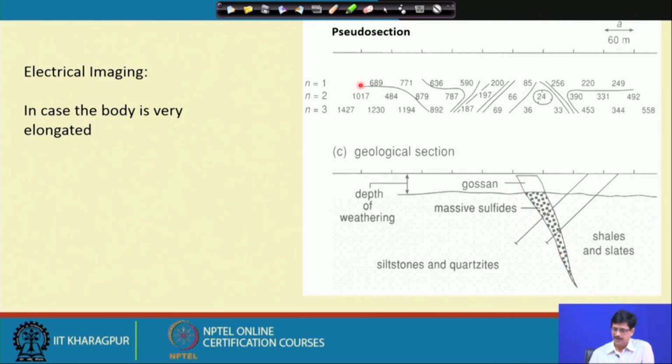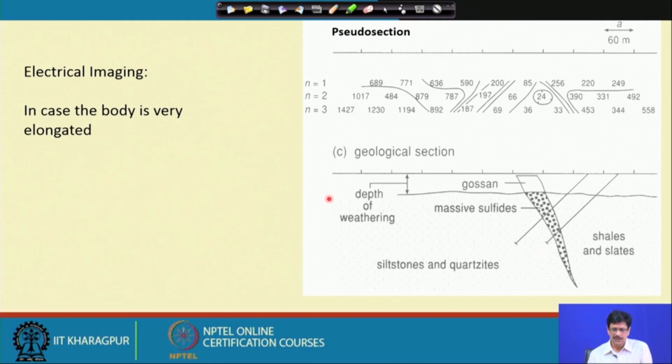Here the profiling is done at regular intervals in 2 dimensions over the entire area, and a pseudo section is reconstructed, with values representing different resistivity regions, from which the geological section could be reconstructed.